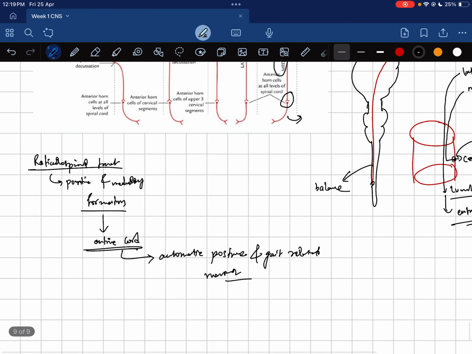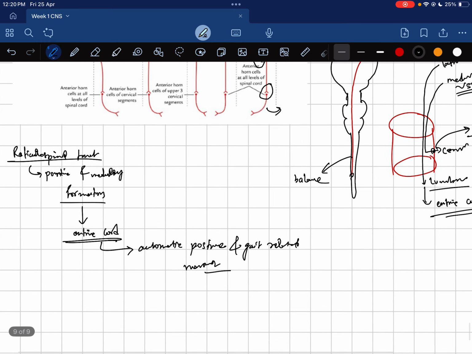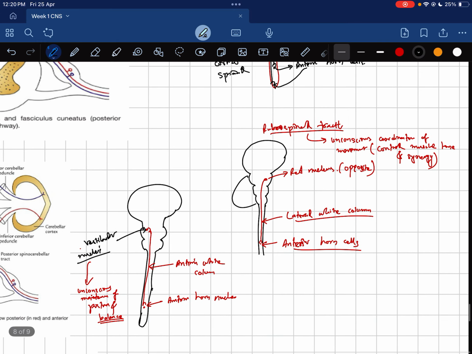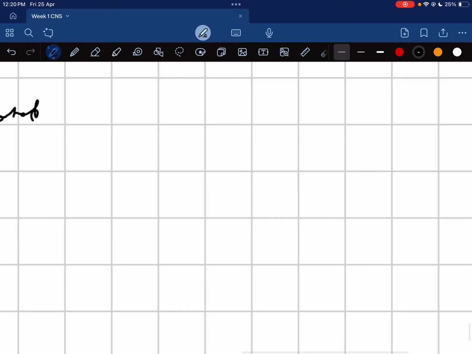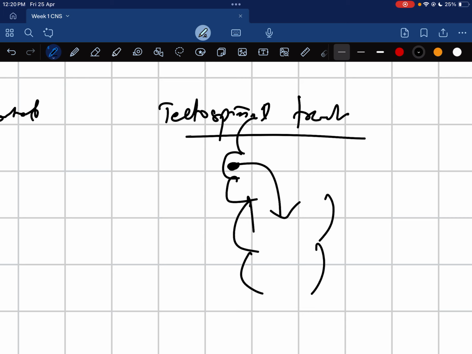Now moving on to the tectospinal tract. Regarding the tectospinal tract, it originates from the midbrain, the superior colliculi.